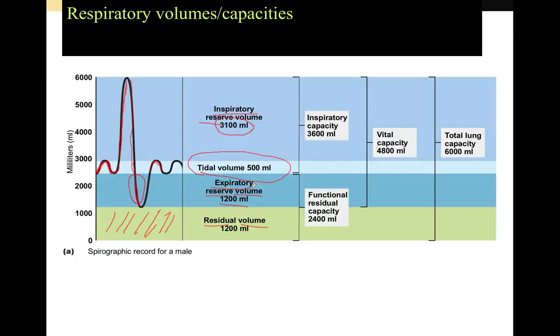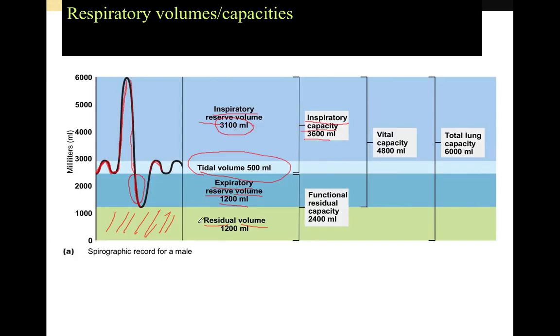So what are your capacities? The amount of air that you can bring in every time is the combination of your normal breath plus the inspiratory reserve volume, called inspiratory capacity, basically the maximum capacity of inhalation. It's about 3,600 milliliters.